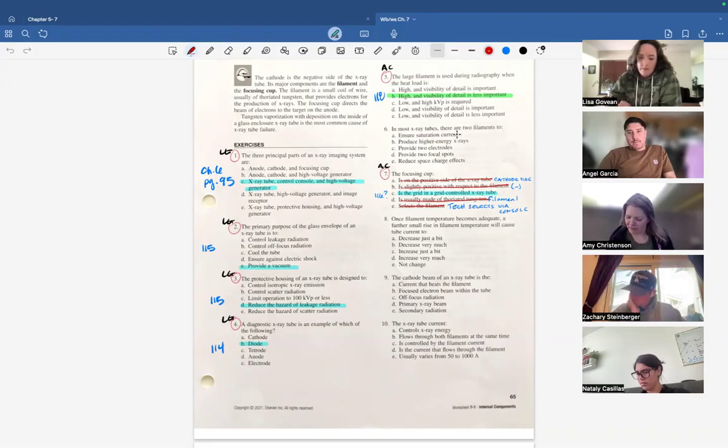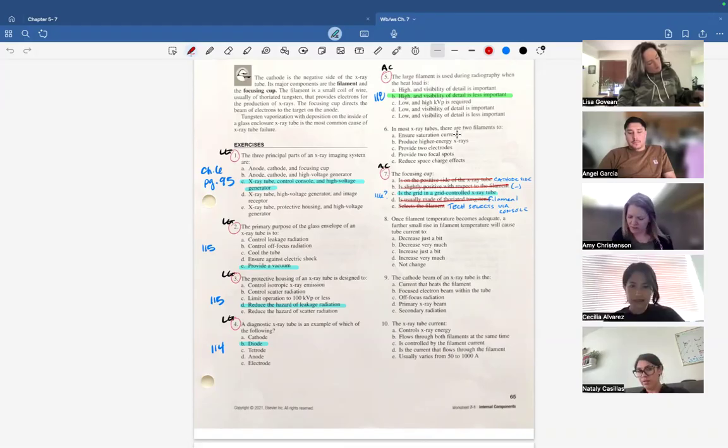But I was thinking maybe C or D, or E, I'm sorry. I put D, but I know that's not the correct answer because as I was looking through it more, that's the filament, not the focusing cup. So, did anyone see this answer on like 116, 117 at all?